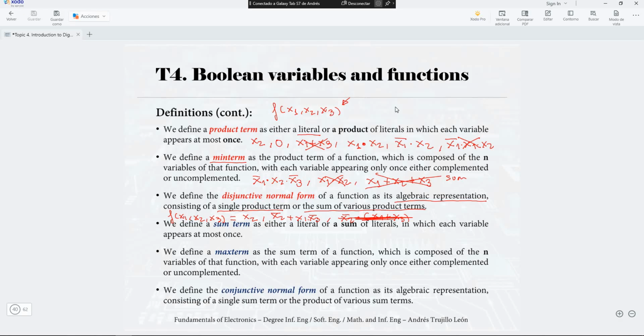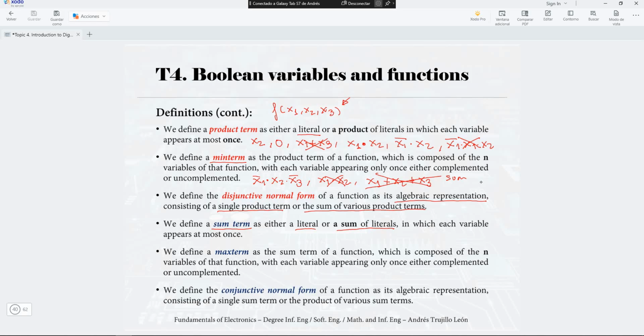So I'm going to delete this to have more space. Okay, so what is a sum term? Just following the definition as before, but applied to the sum, it is going to be a literal or a sum of literals in which each variable appears at most once.